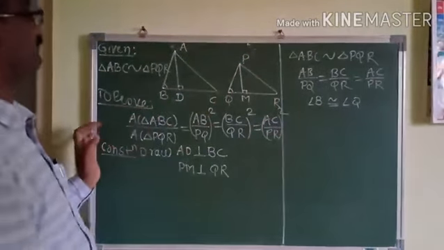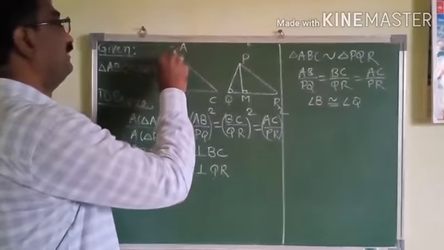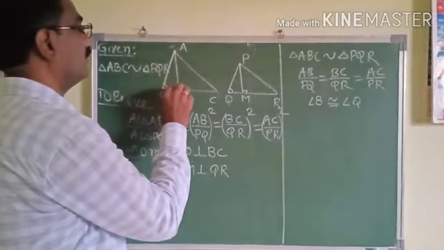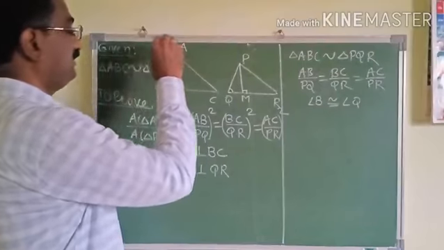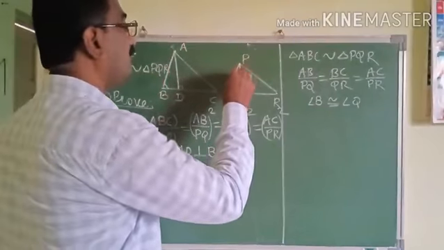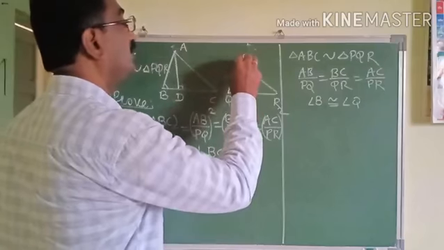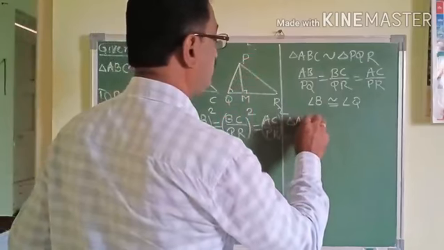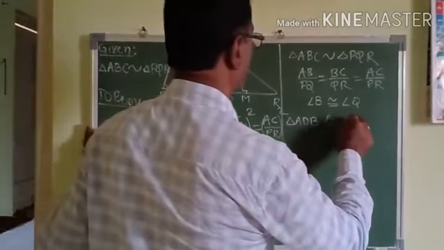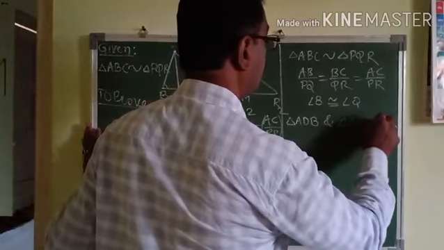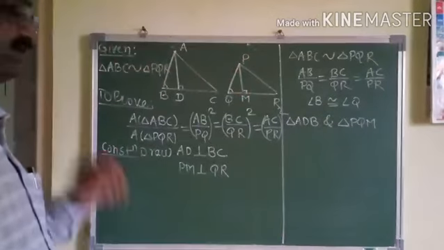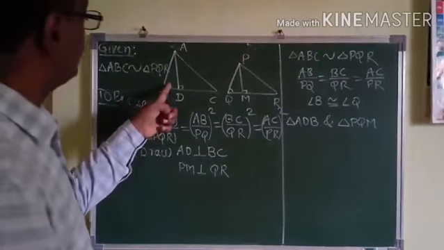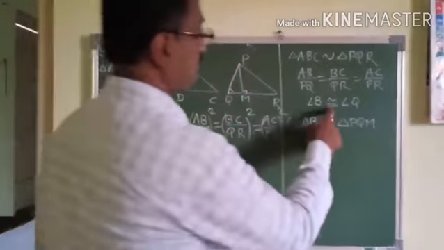Now see in triangle ABD, the smaller triangle, and triangle PQM, in these two triangles, what are the congruent elements? Angle B congruent to angle Q, previously proved.